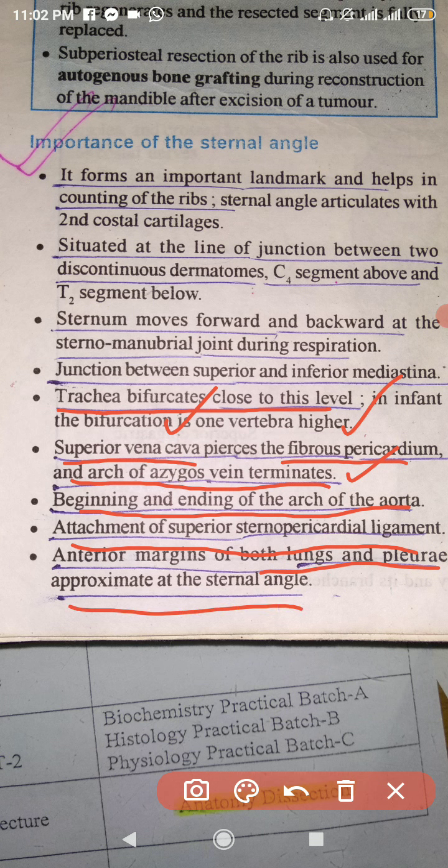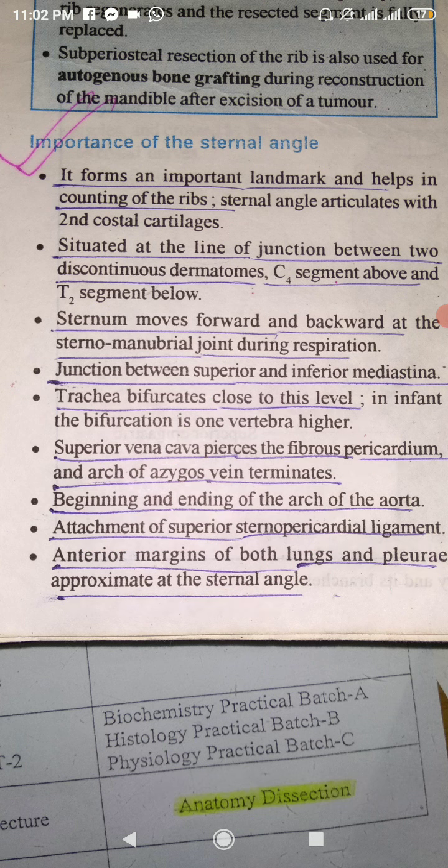The anterior margins of the lungs and pleura. Pleura is the covering of the lungs. So both the lungs and the pleura come close to each other at the sternal angle. And last of all, number ten, the thoracic duct deviates from right to left behind the esophagus close to this level.